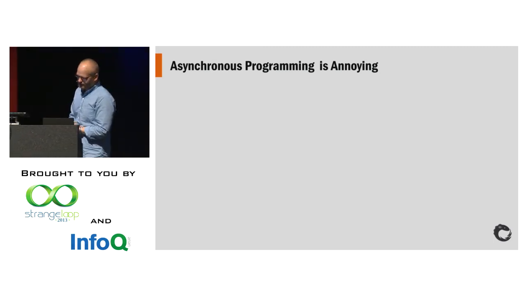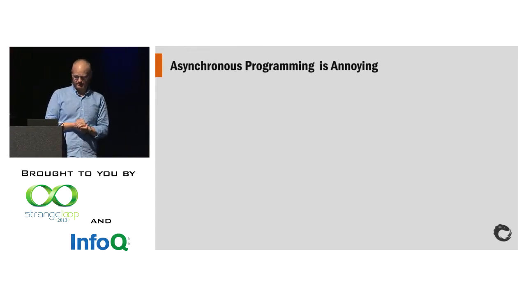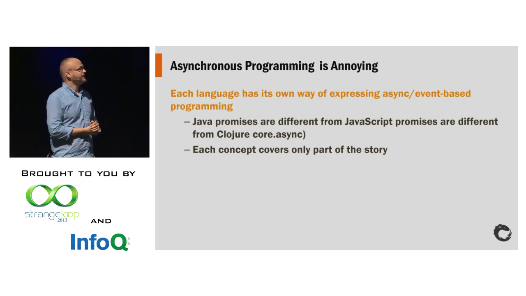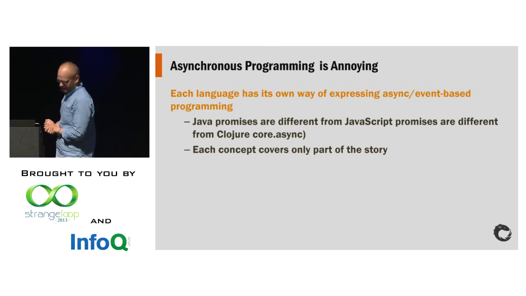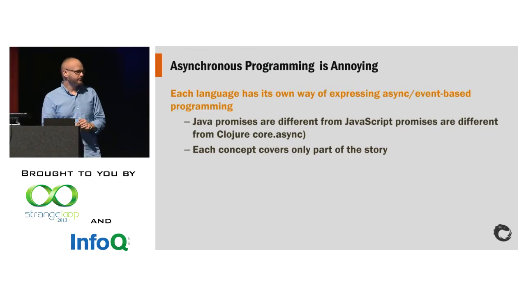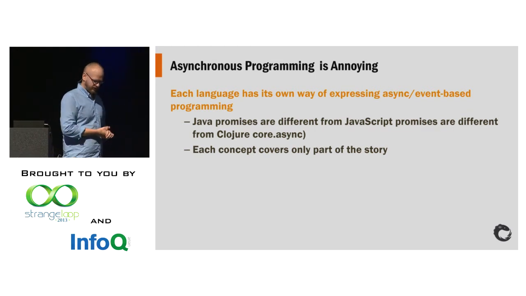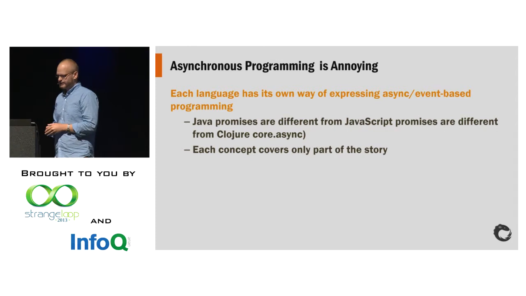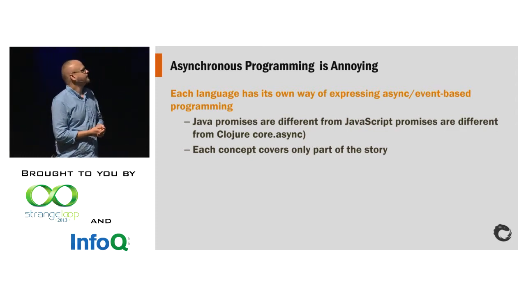But in order to make our user interfaces actually responsive, we have to pay attention to this. And the problem usually comes down to the fact that every programming language has its own set of idioms and ways of dealing with asynchronous and event-based programming. In Java, you'll have one thing. In Scala, you'll have another. In JavaScript, you have promises, callbacks, and whatever the node people want next.